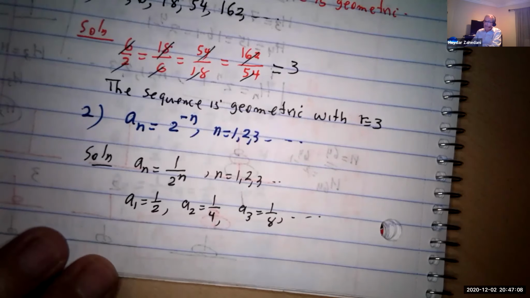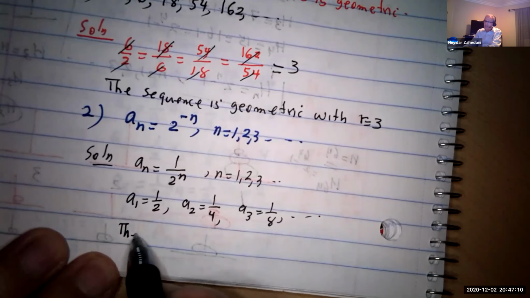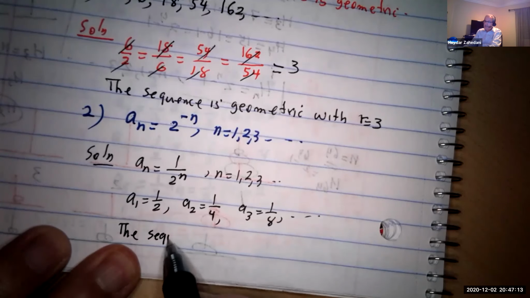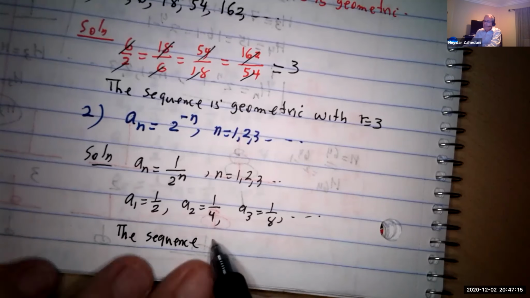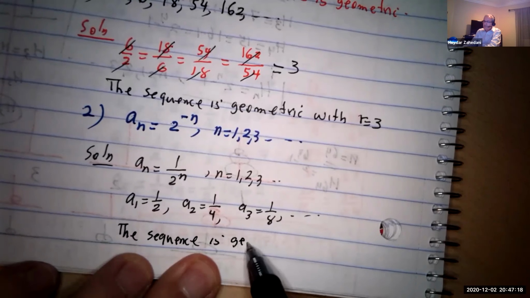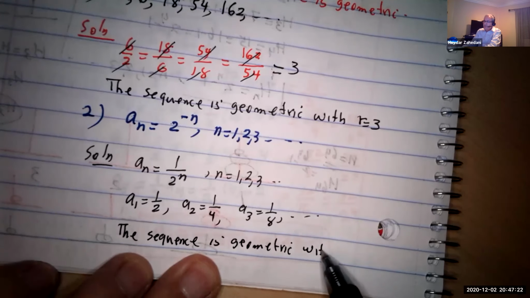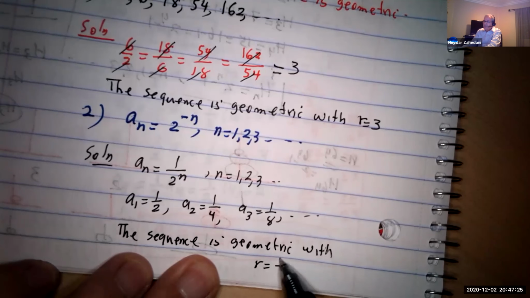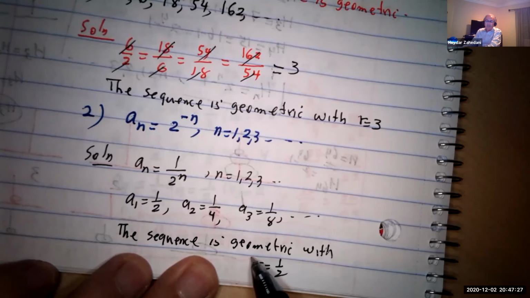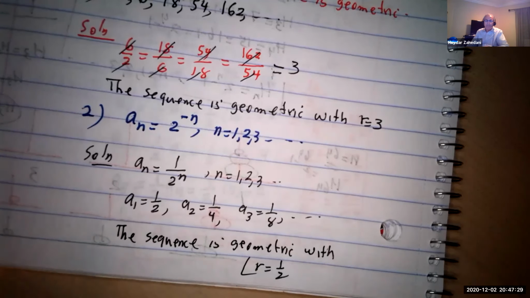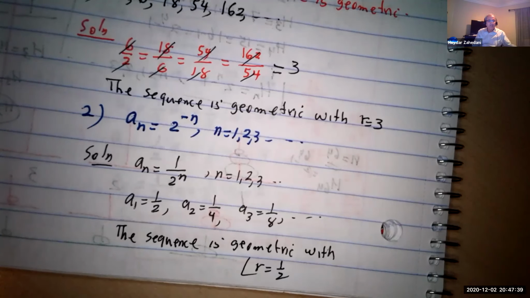So the sequence is geometric, with the common ratio of r equal to 1/2. You just list them to get to that number.